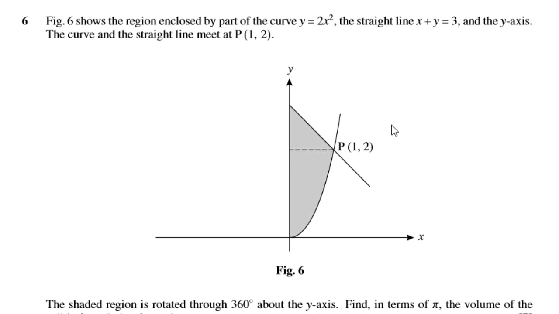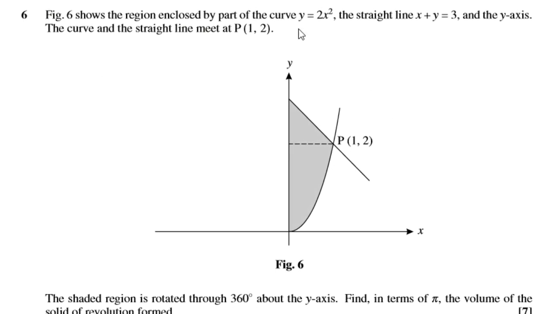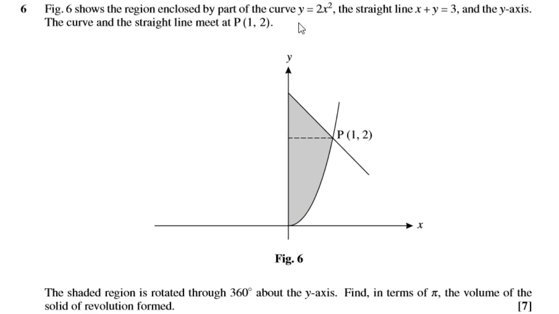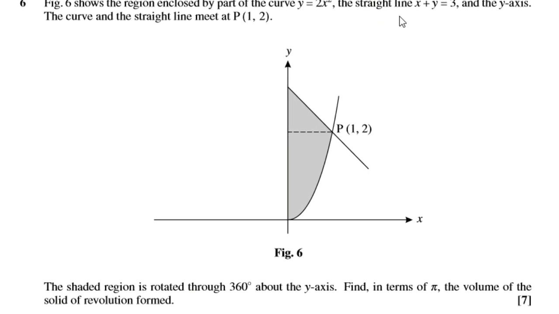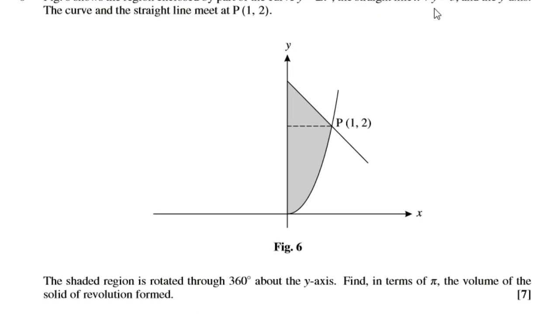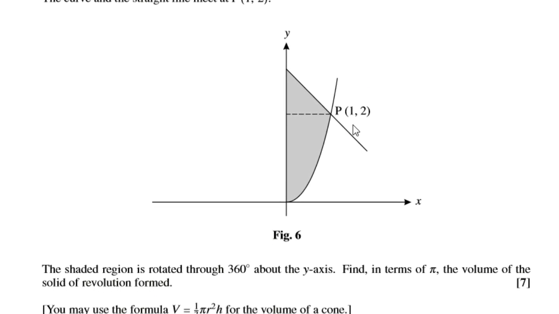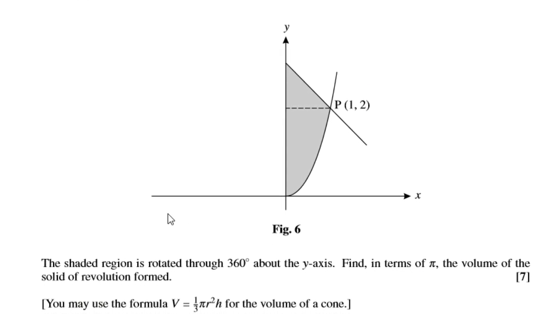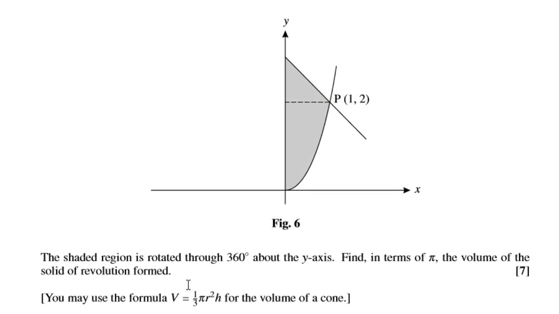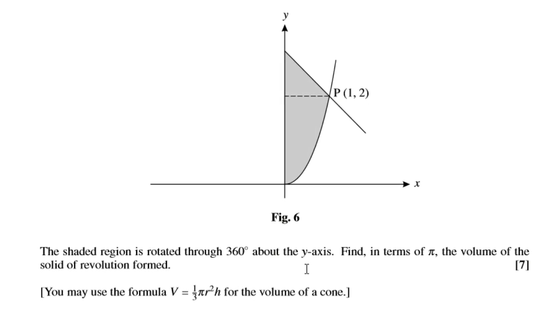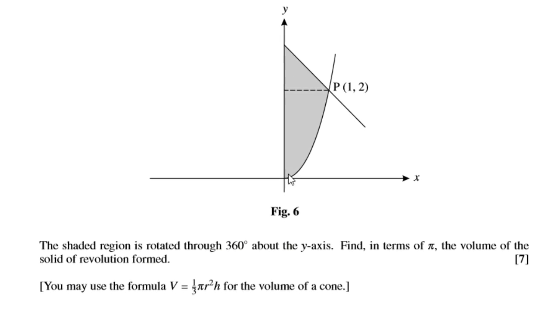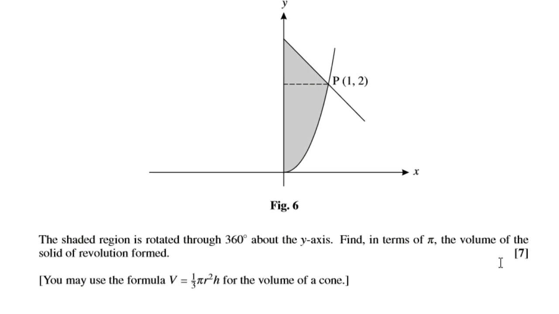Question 6 is volume of revolution. You have the curve y equals 2x squared with a straight line x plus y equals 3, and they meet at point P, (1, 2). The shaded region is rotated about the y-axis, and you need to find the volume in terms of pi.